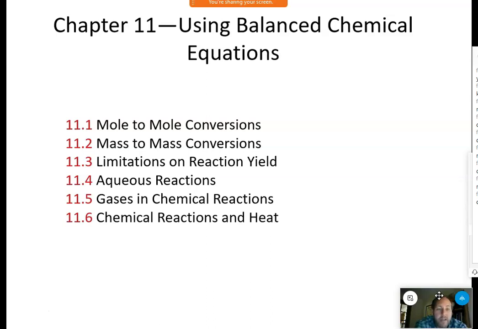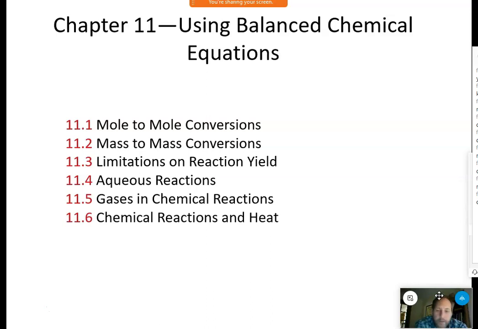So I need to calculate exactly how much of each of the molecules I need in order to make a certain amount of the compound. And that's kind of what this chapter is about. It's trying to do calculations. If I use 8 grams of compound A and 12 grams of compound B, how much product am I able to make out of that?